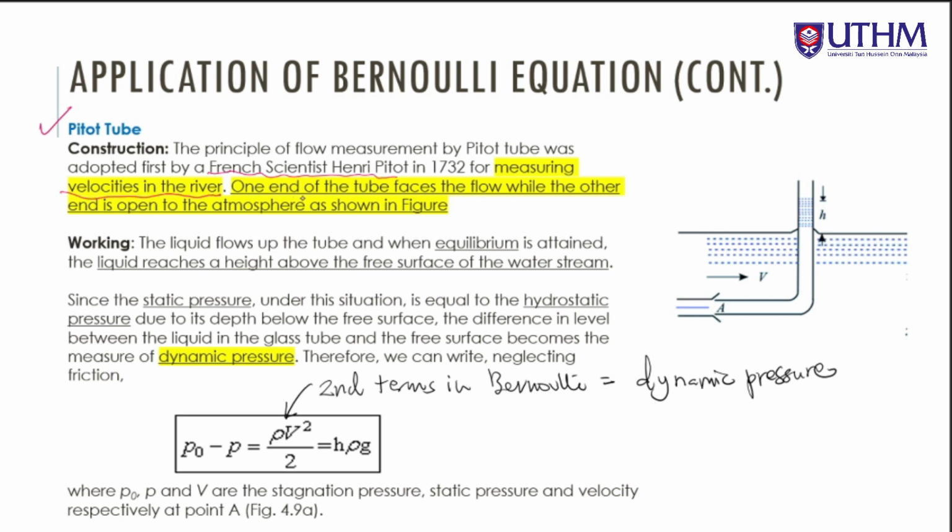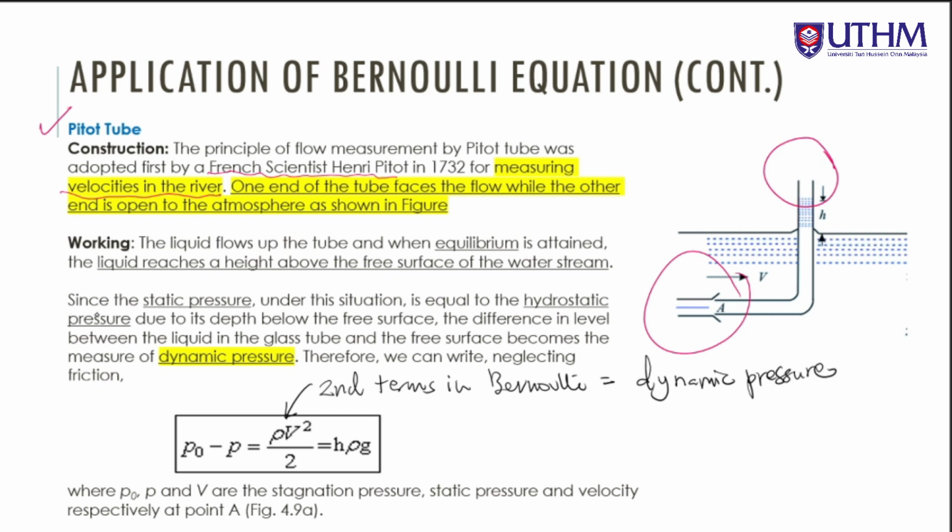Okay, so one end of the tube faces the flow while the other end is open to atmosphere as shown in this figure. So one part is inside the water kan. So dia akan faces the flow, fluid flow, and then the other side will be open to the atmosphere.